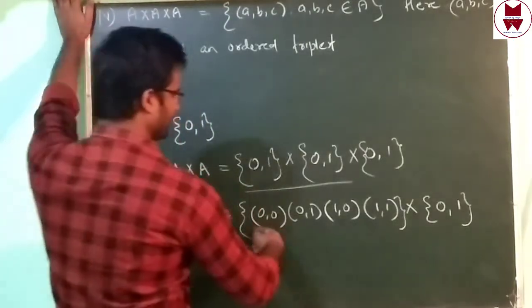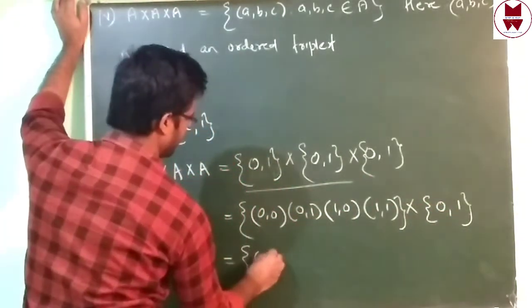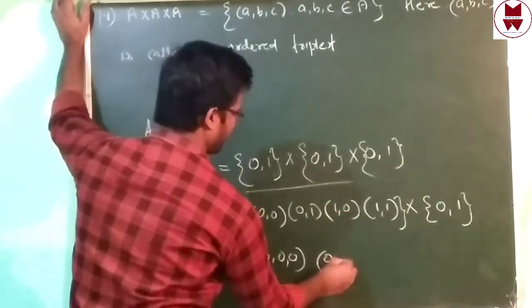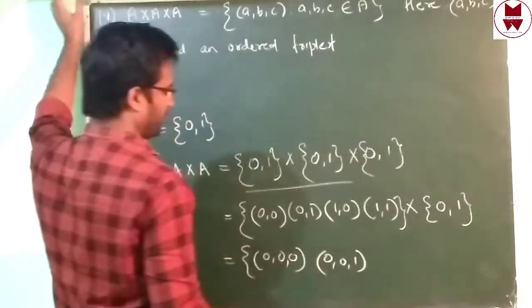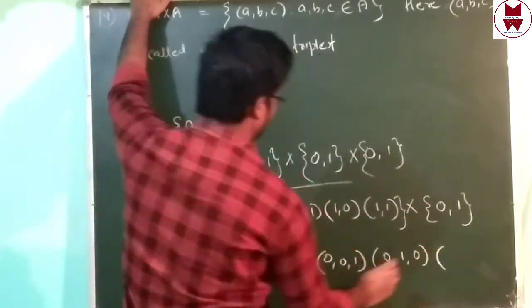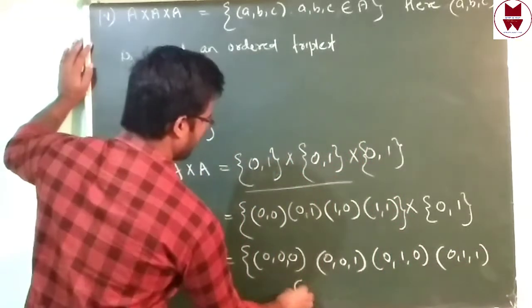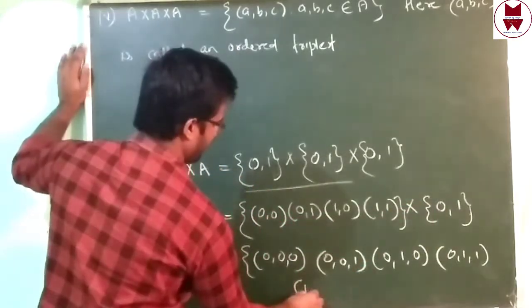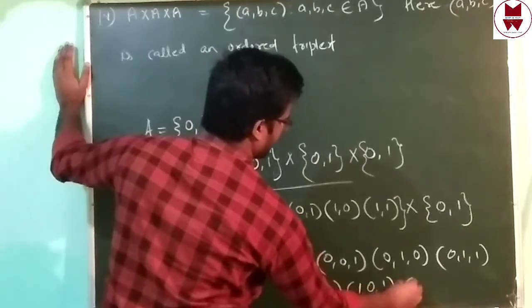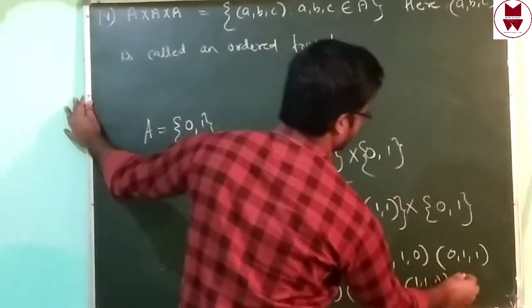Again use the first set and last set: (0,0,0), (0,0,1), then (0,1,0), (0,1,1), then (1,0,0), (1,0,1), then (1,1,0), and last (1,1,1).